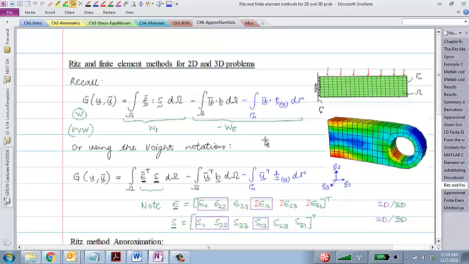So for example, if I have this cantilever beam, if I'm applying a load here, I'm saying displacement here is 0. So the tractions won't be 0 at the point where we are specifying the real displacement, right? So what's the reason it's 0? The virtual displacement at that point is 0, right? U bar, this U bar at the place where real displacement is specified, the virtual displacement at that point is 0. That's why that term is not here.